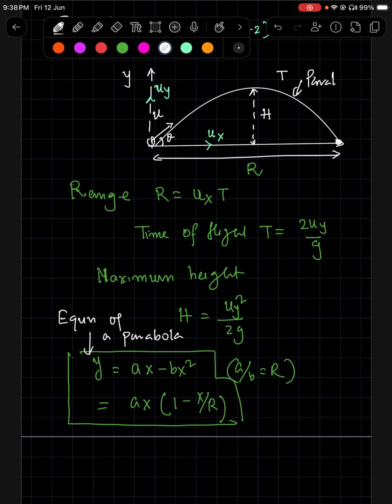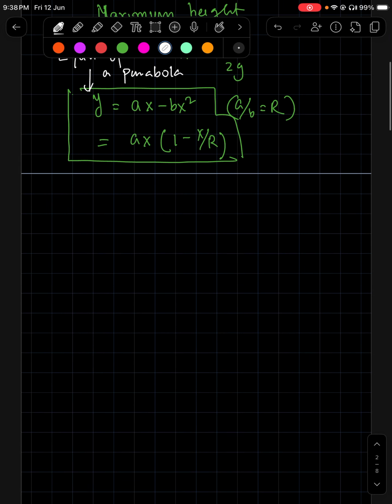Good. So today, what I'm going to show is the projectile motion on an inclined plane using these formulas.